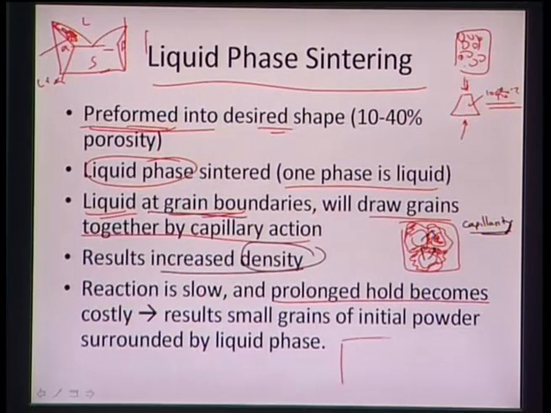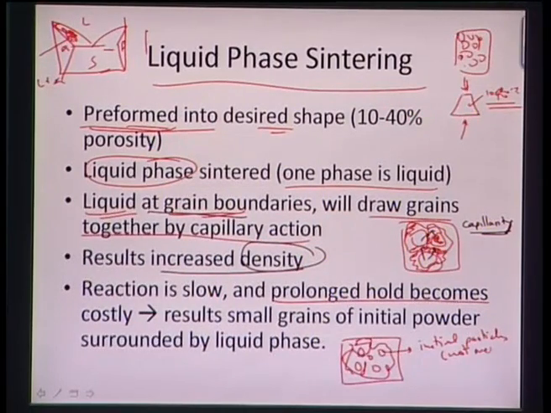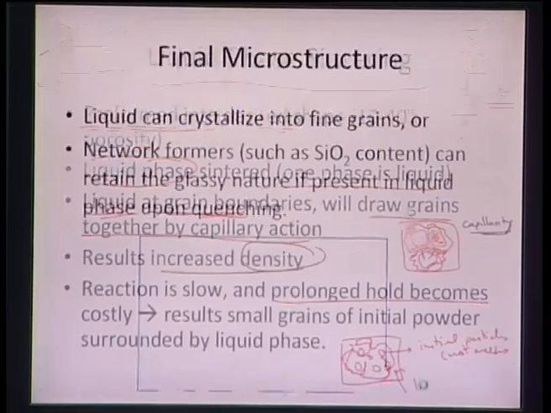We had small grains present initially, and then one phase becomes liquid. So in the overall microstructure, we have initial particles of one phase which were not melted at all, they remain as such, and all the particles are now enclosed in a liquid phase.